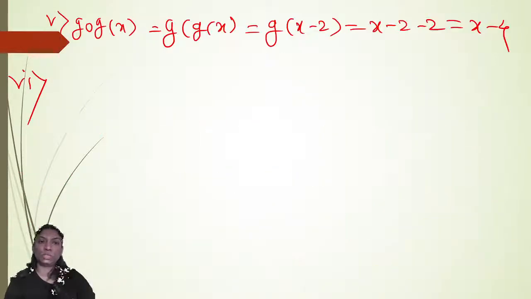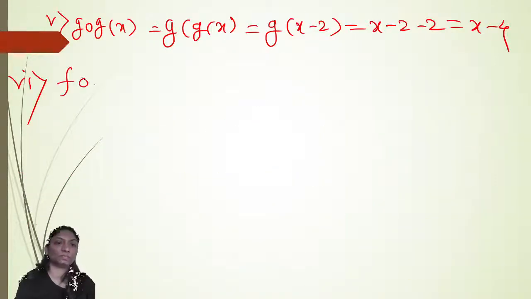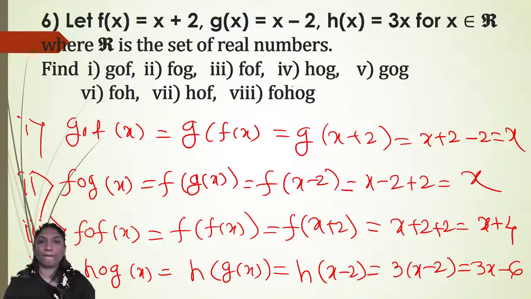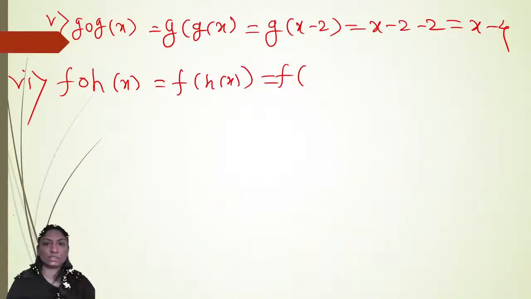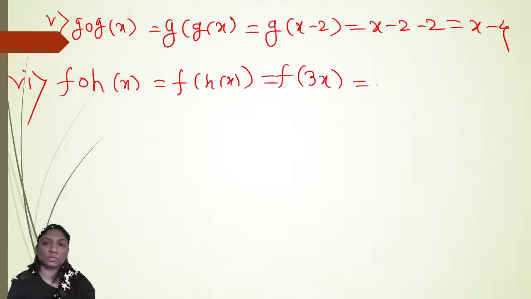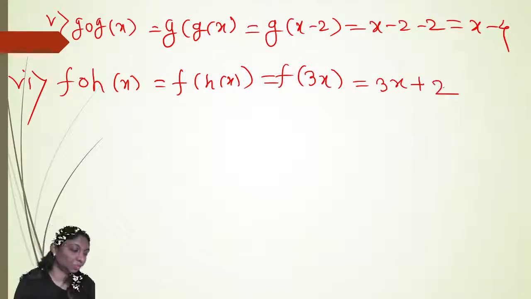Sixth one, f composite h of x. f of h of x is equal to, h of x is 3x. Right? And f of x is x plus 2. So 3x plus 2.